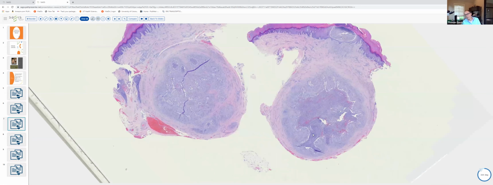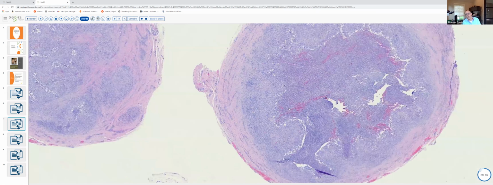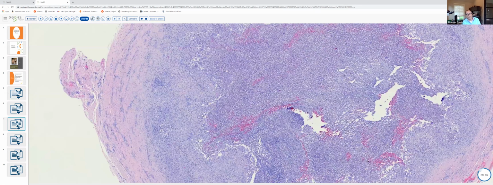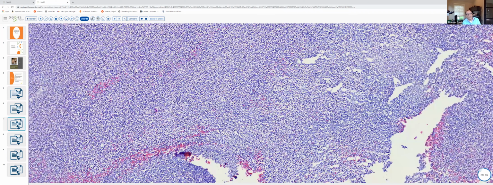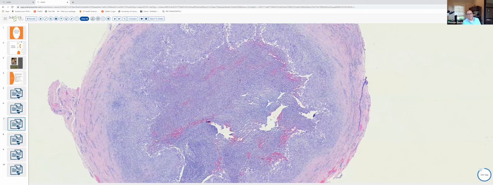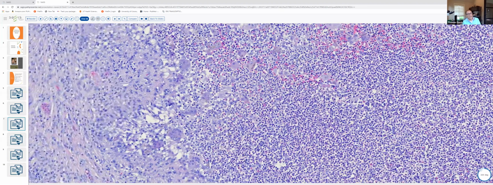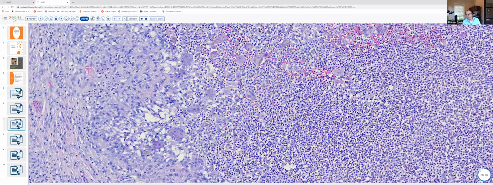And as we move in, you can see that we've got this large central abscess, a lot of neutrophils and neutrophilic nuclear dust. This is somewhat of a stellate abscess here. You can see it's a little star-shaped. And then out at the periphery, it's kind of encased by a nodular collection of epithelioid histiocytes, some of which are multinucleated.